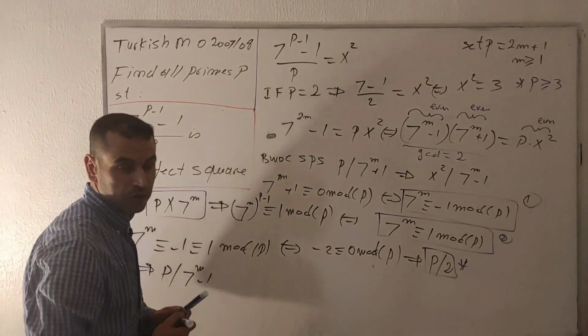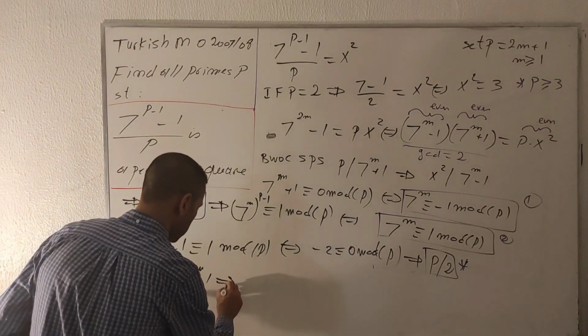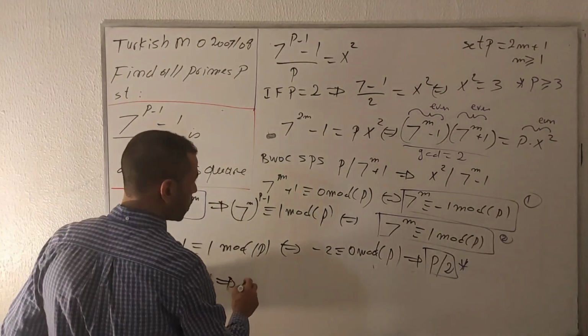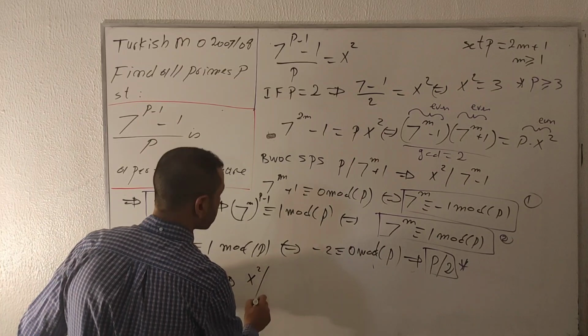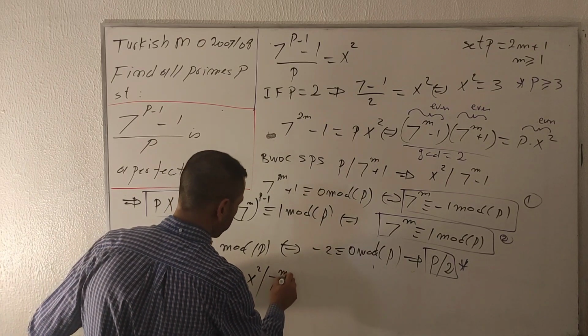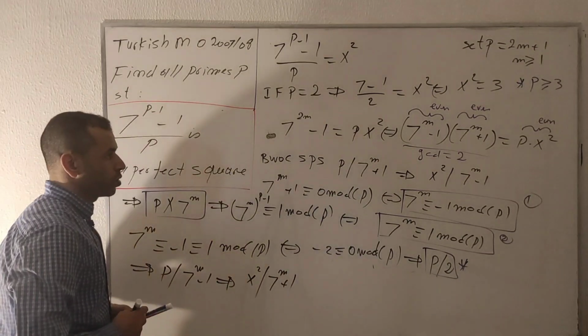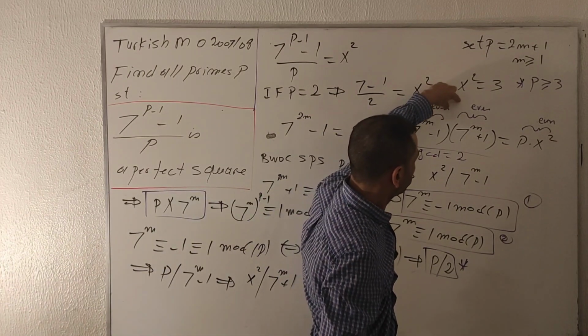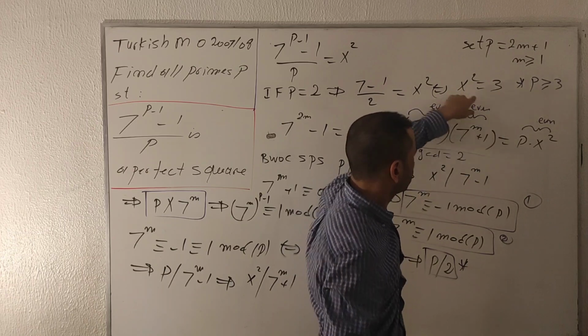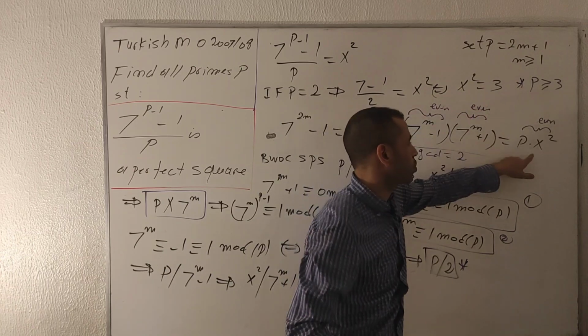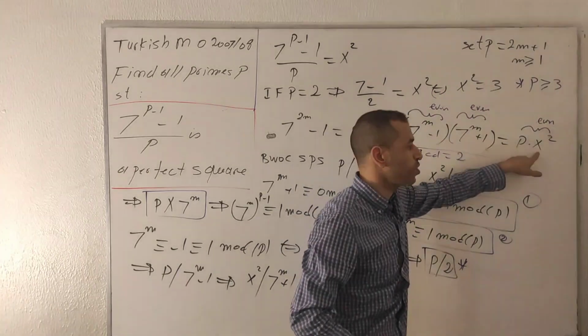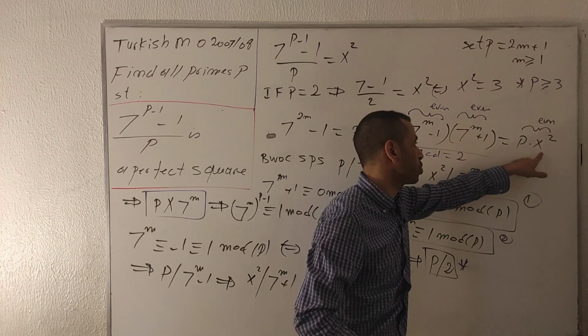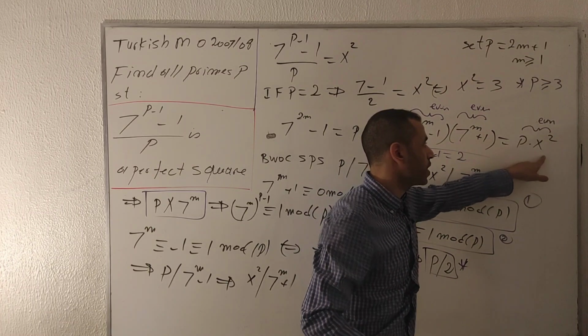If p divides 7 to the m minus 1, this implies x squared divides 7 to the m plus number 1. Since this product is even, the whole evenness is going towards x squared, which means 4 divides x squared.